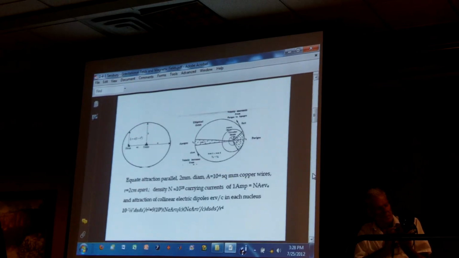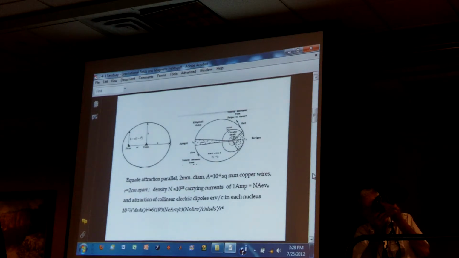The second slide shows how the ellipse inside the nucleus, the 10 to the minus 15 radius nucleus, and the free electron, is formed from a sustained electric field E in current-carrying wires, acting on this small particle of charge minus e in the case of the nucleus, and minus 2e in the case of the free electron.